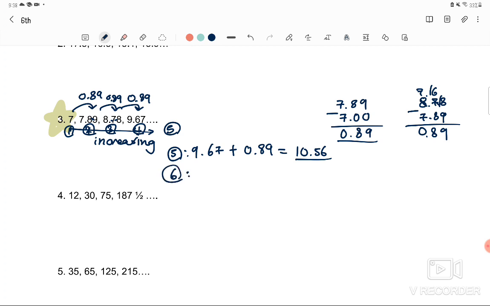And for the 6th term, you have to add 0.89 to 10.56, which equals 11.45. So the answer is 11.45.